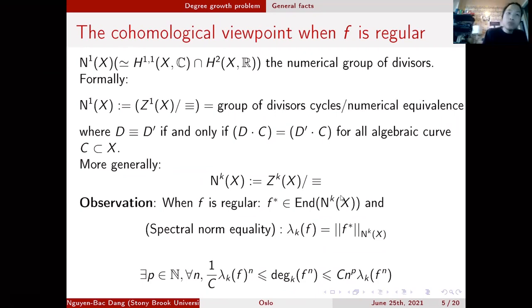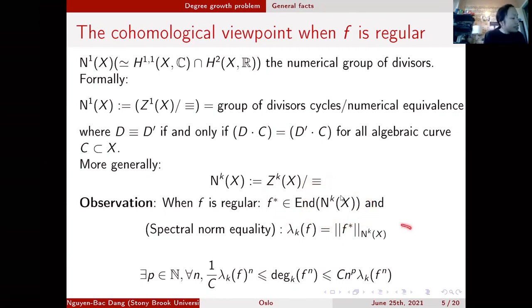Okay, and you can define the notion of numerical equivalence for codimension k cycles using the same formula, basically, by intersecting with the appropriate finite dimensional subvarieties. And the easy observation that I'm going to tell you today is that when F is regular, you have a pullback on cycles, and it induces an endomorphism of this finite dimensional vector space.